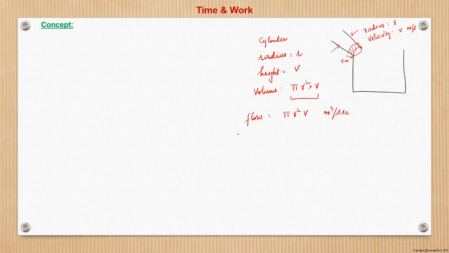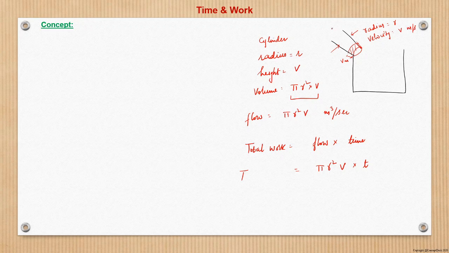So total work, what will it be? Flow times the duration for which that water is flowing. So here we can say pi r square v into t. This is the total work, and this is nothing but the volume which is being filled.